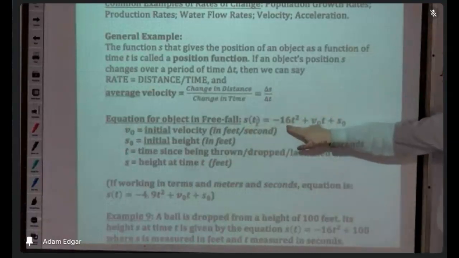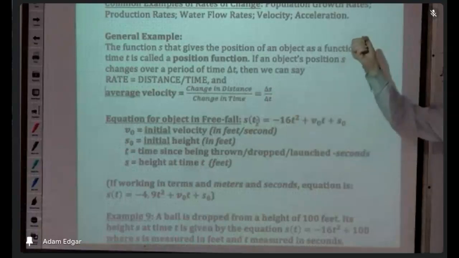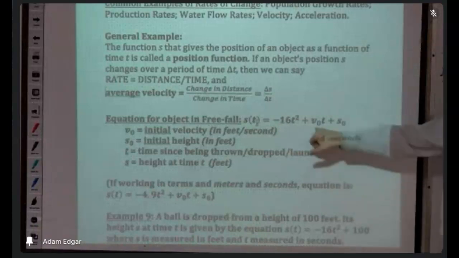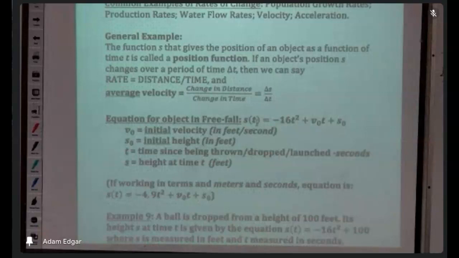This first term out front is making sure things go down. So that's why it's negative. That's gravity. V0 is pronounced V naught, and that's your initial velocity. That multiplies time. And then this plus S0 at the end, that's pronounced S naught, and that's your initial height.